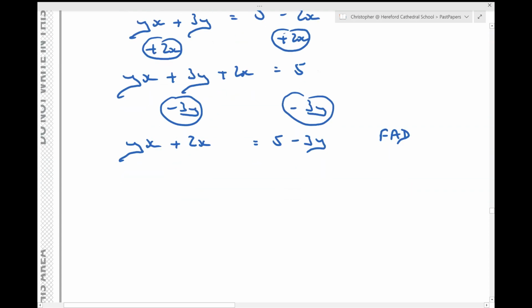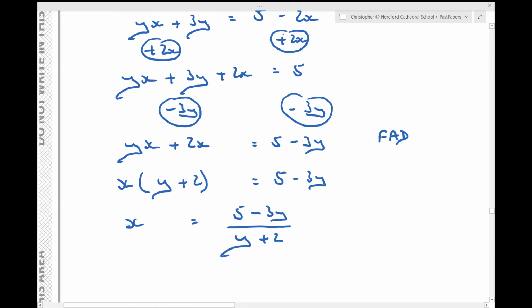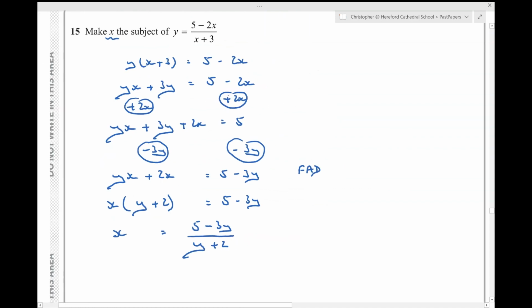Look at the left-hand side. Let's take x out, x times y plus 2 equals 5 minus 3y. And now I'm going to divide by y plus 2. x equals 5 minus 3y over y plus 2. And that is question 15 done.